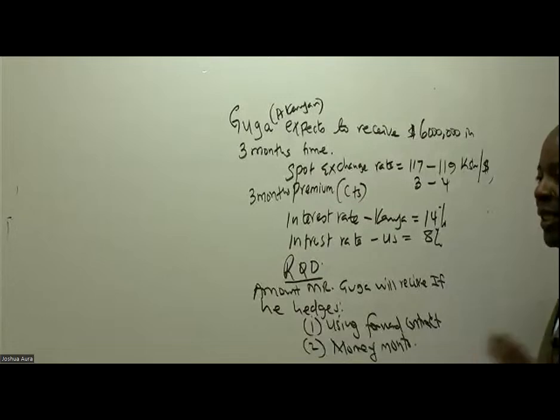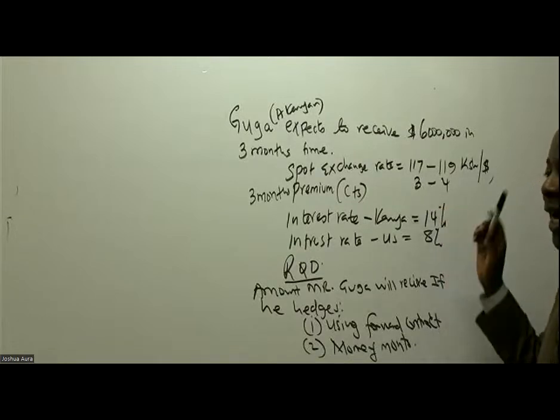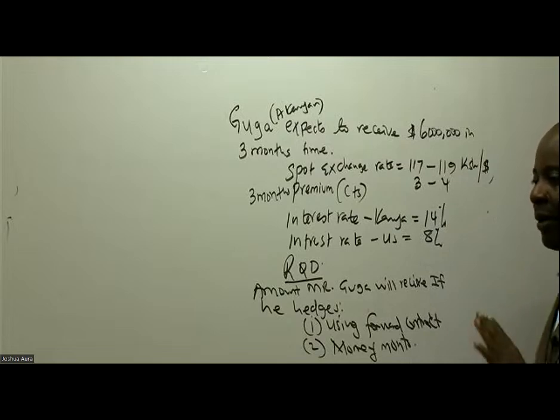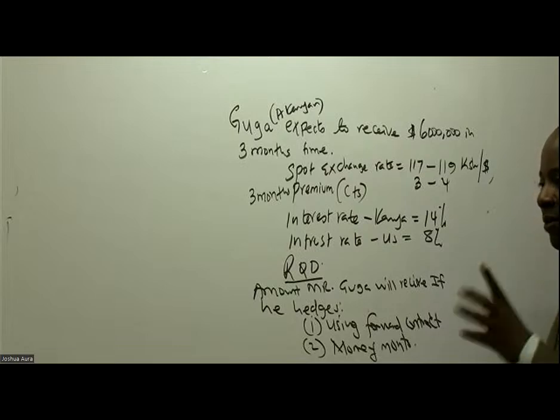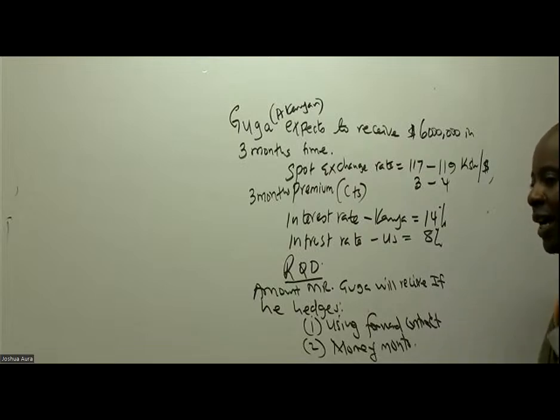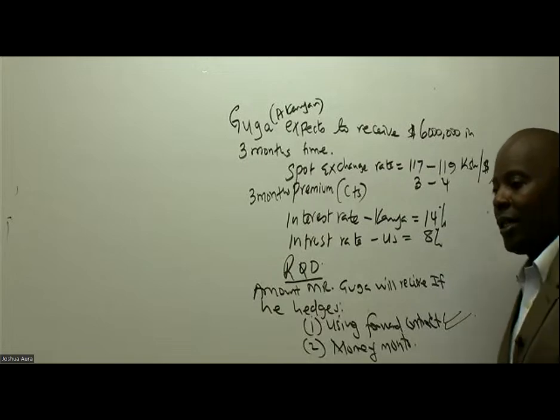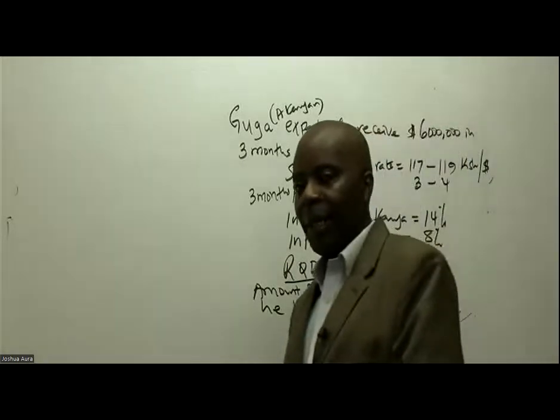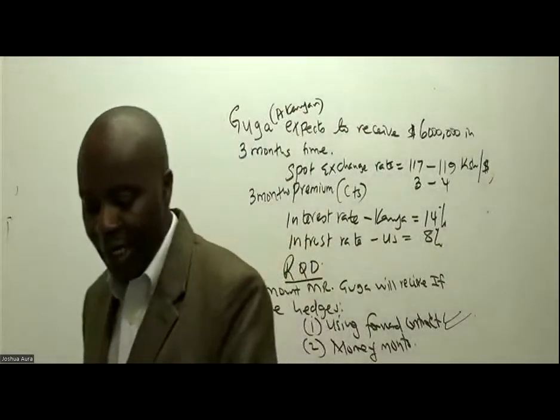Anytime they give us cents, always remember that you have to divide them by 100, to change to whichever currency. Then they've given us the interest rate in Kenya and the interest rate in the US. So I expect you to give me an answer here.